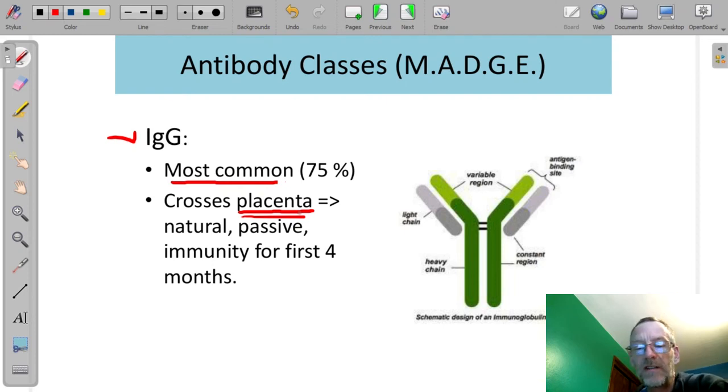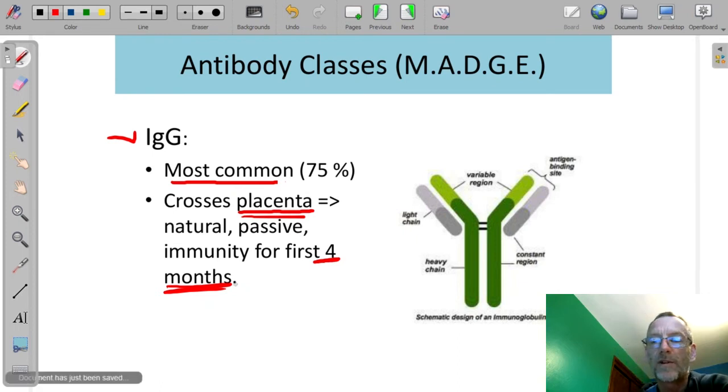So it receives antibodies from mom, giving it some passive, naturally acquired immunity for about the first 4 months. And then the infant starts to rely on its own immune system for survival. IgG.